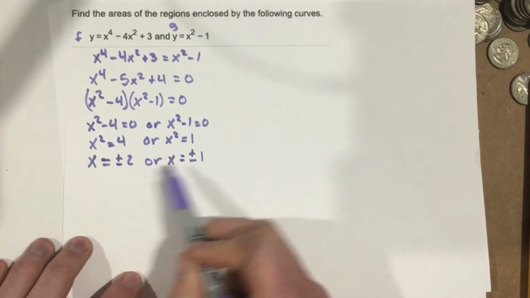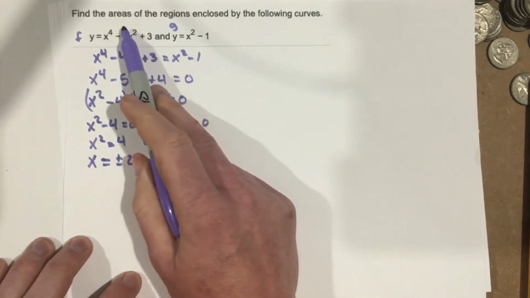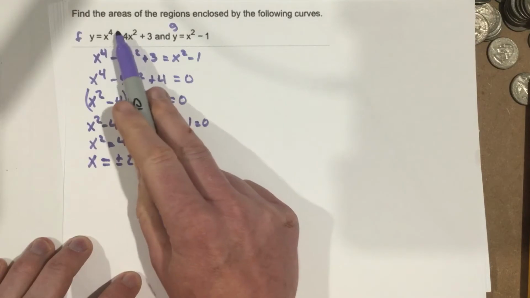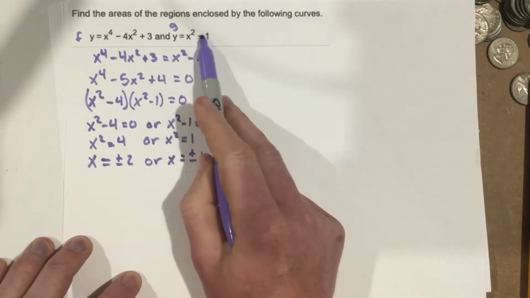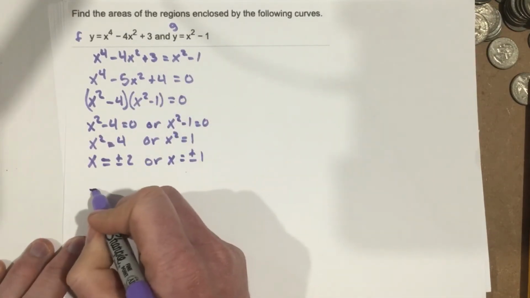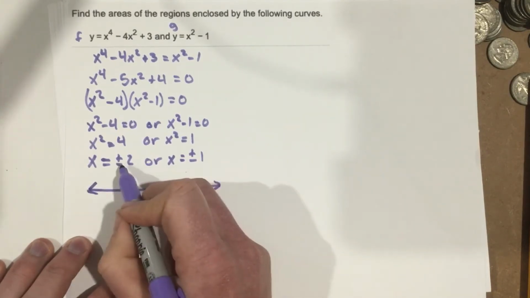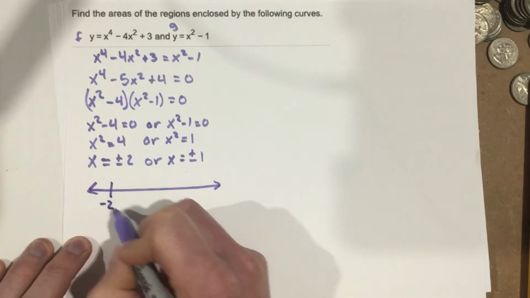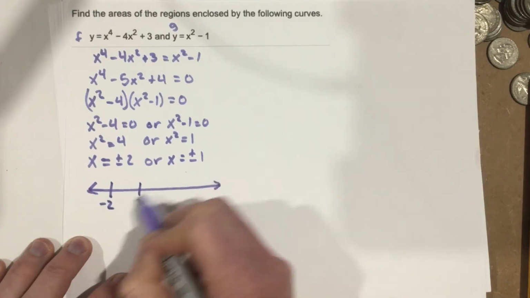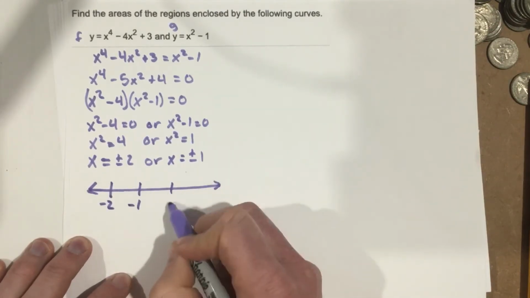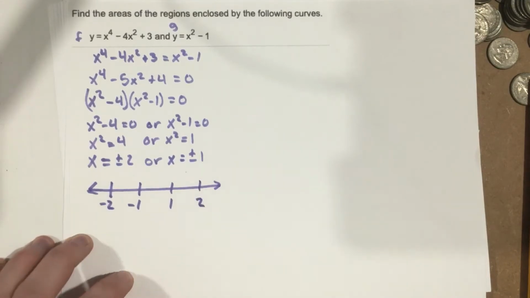Now these are the roots. So this is where our fourth degree polynomial intersects with our quadratic. I want to draw a number line here, and label these from the smallest x value: negative 2, then negative 1, then 1, then 2.